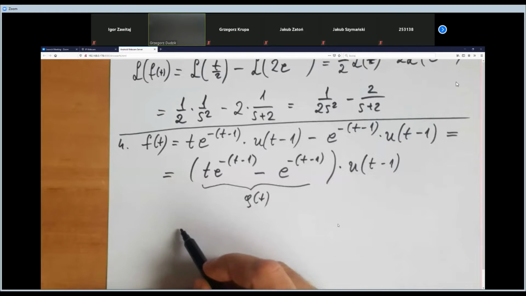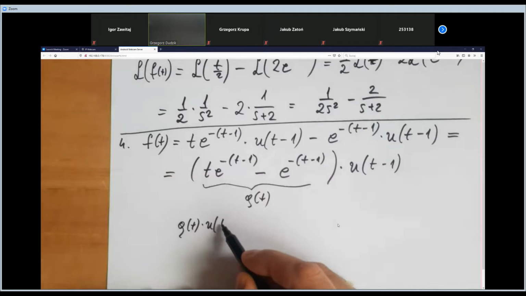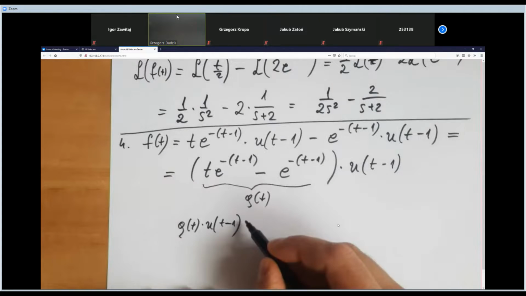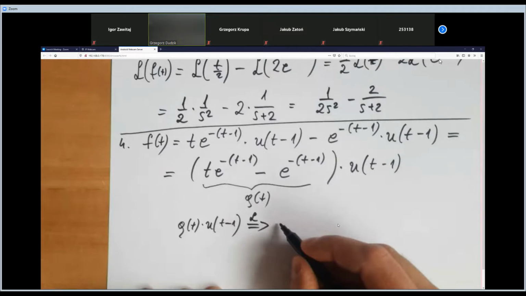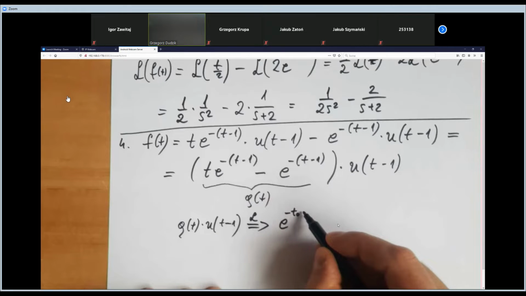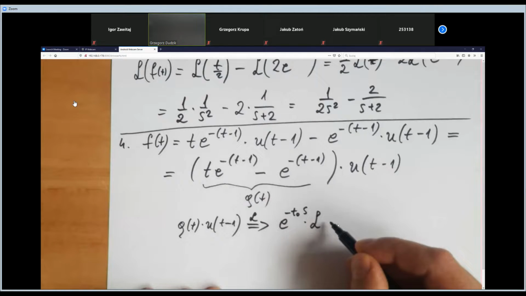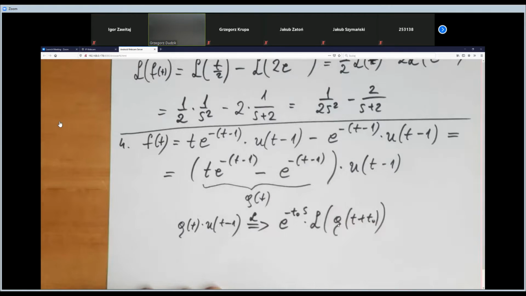As we remember, for g(t) times the unity function shifted by t0, the Laplace transform is in general, as you remember, e to the power of minus t0 s times the Laplace transform of the g(t) function, however calculated not for t, but for t plus t0. All right.